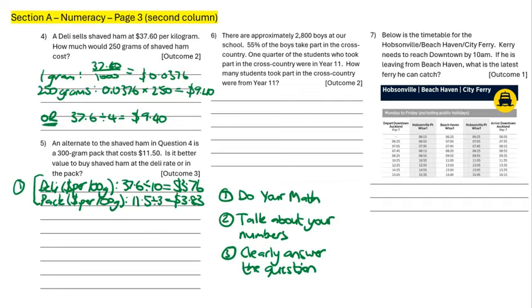Part number 2, we now need to talk about the numbers. So we just need to explain what the numbers mean in context. I'll do a little bullet point to show that. So deli shaved ham costs $3.76 per 100 grams.